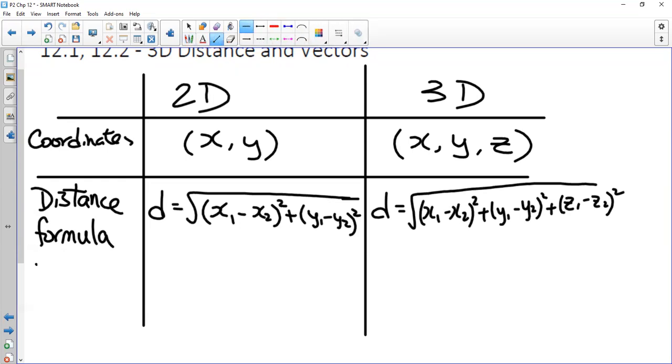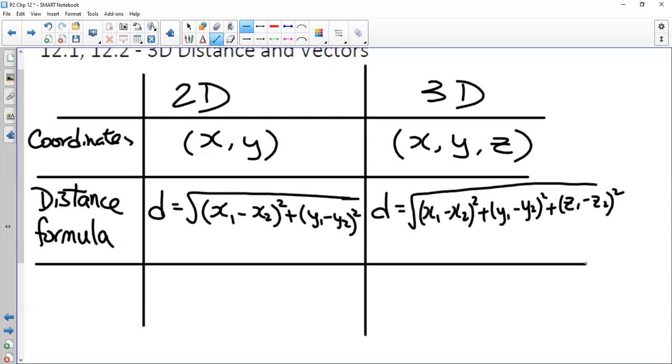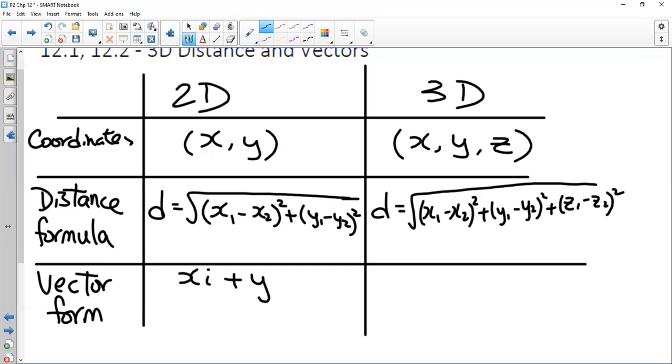And last but not least, we look at the vector form. In 2D, we use xi plus yj, or we can write it as a column vector, which is quite useful for calculation, because then we can equate the top row and equate the bottom row.